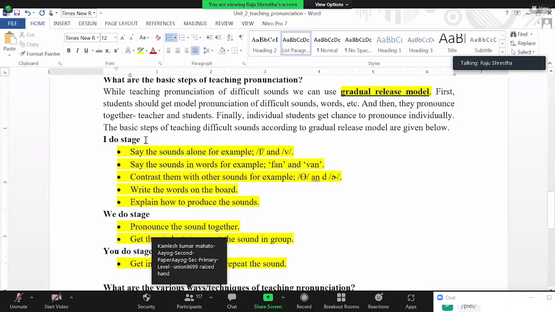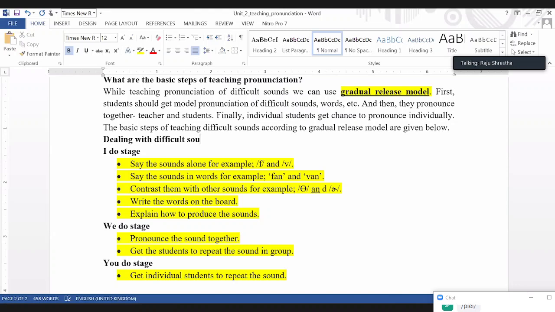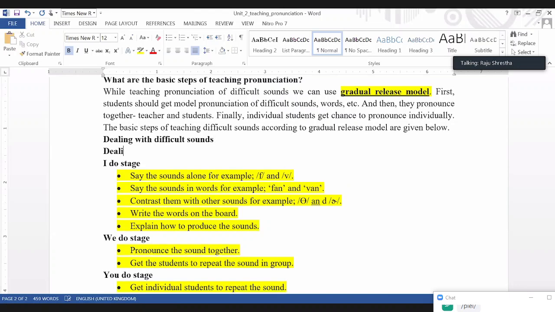This is about teaching sounds, dealing with difficult sounds. In the same way, you can select difficult dealing with word stress.